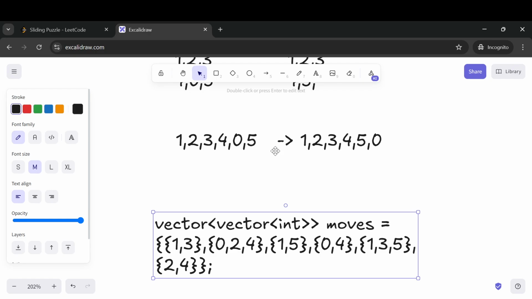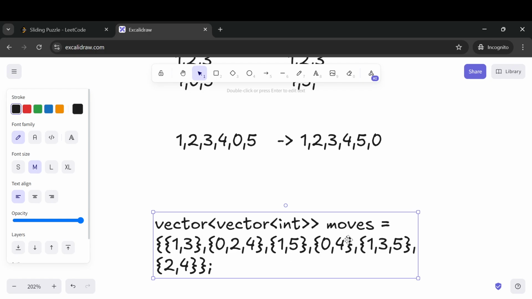Okay. So the first thing that's being done is find the index of 0, which in this case is 4. So if the index of 0 is 4, then we look into all possible directions of that index.